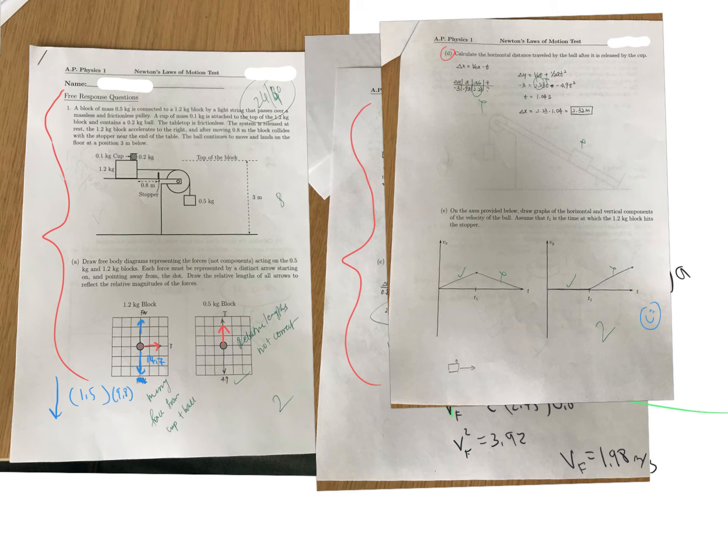The velocity of this ping pong ball, once this thing hits the stopper, that velocity, we can say the original velocity, at the beginning of the observation, is 1.98, right? We've got that here.